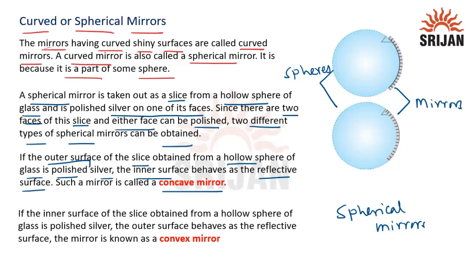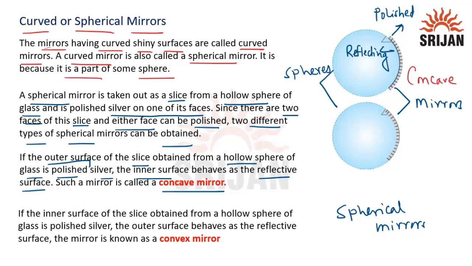Such a mirror is called a concave mirror. So we can say that here the outer surface is polished and the inner surface is the reflecting one, and this kind of mirror is a concave mirror.